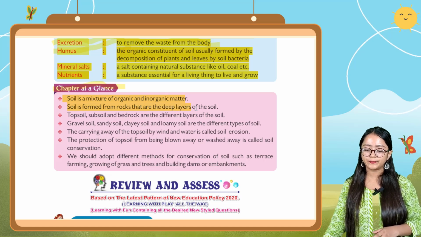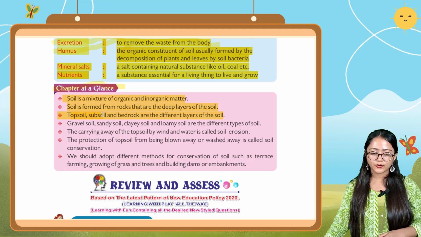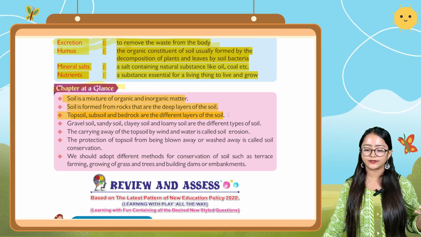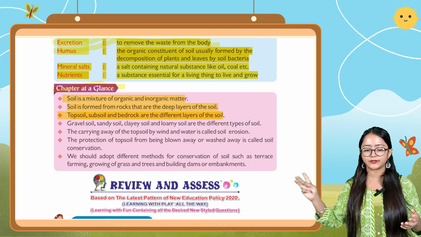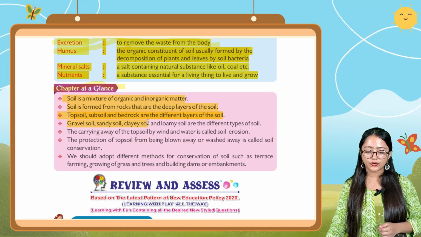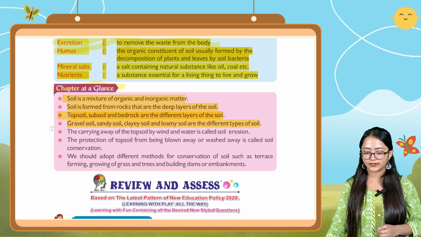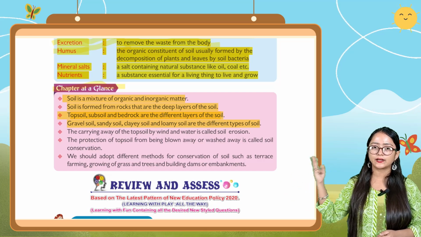Topsoil, subsoil, and bedrock are the three different layers of the soil. Gravel soil, sandy soil, clay soil, and loamy soil are the four different types of soil.